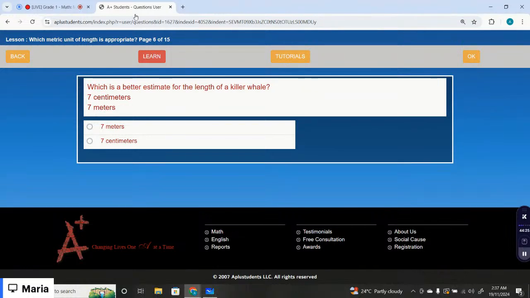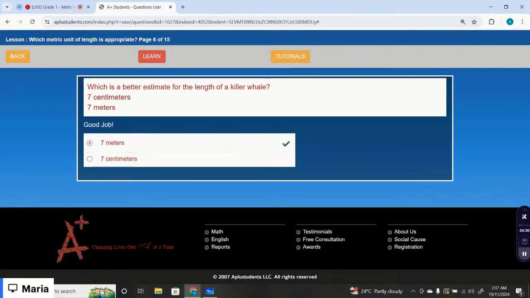That is the length of the killer whale, so that is 7 meters. Option number one is the correct option.